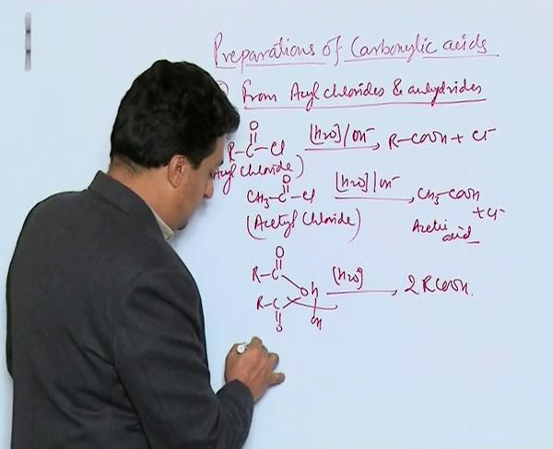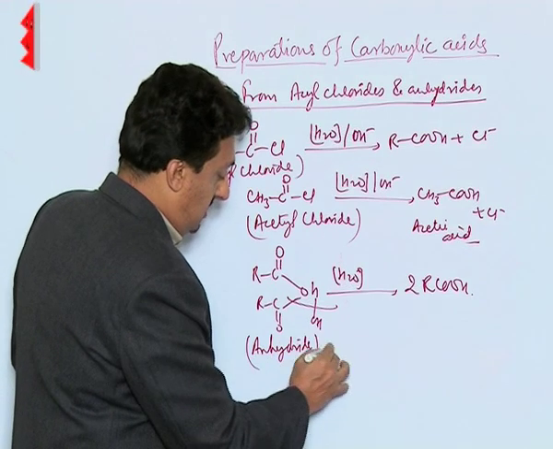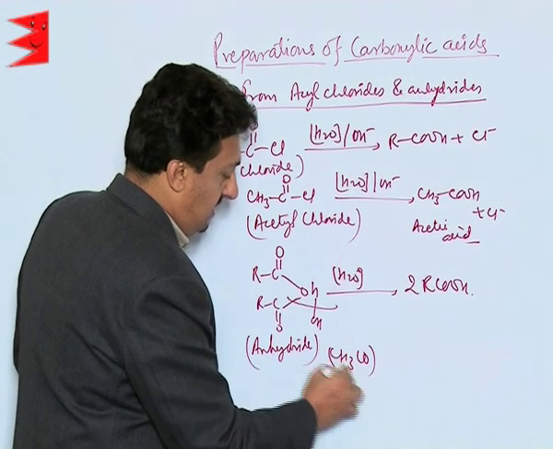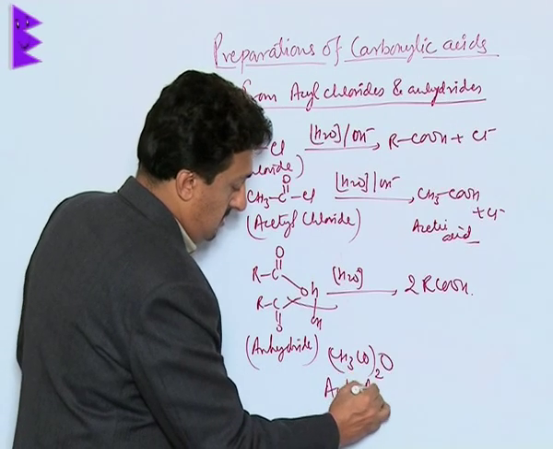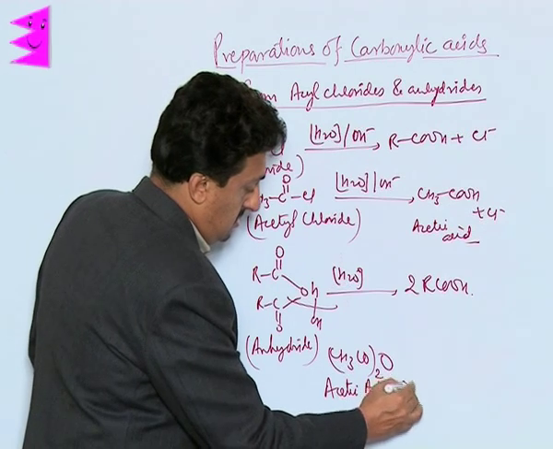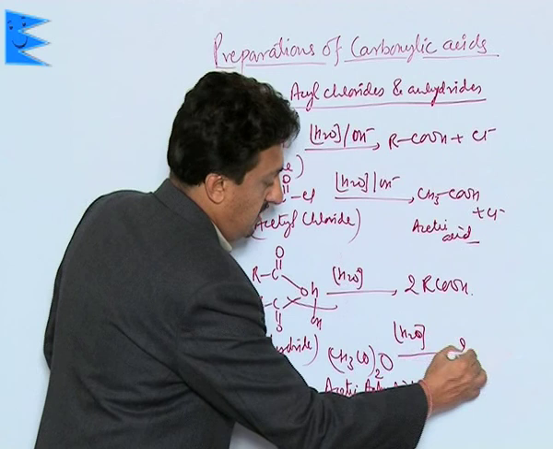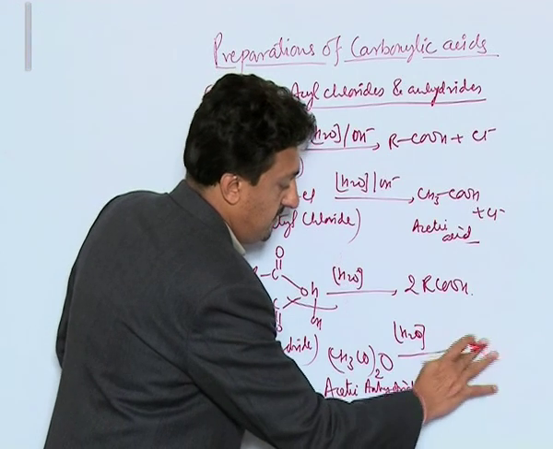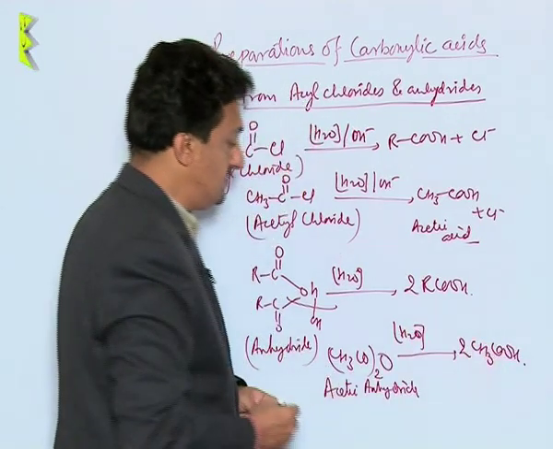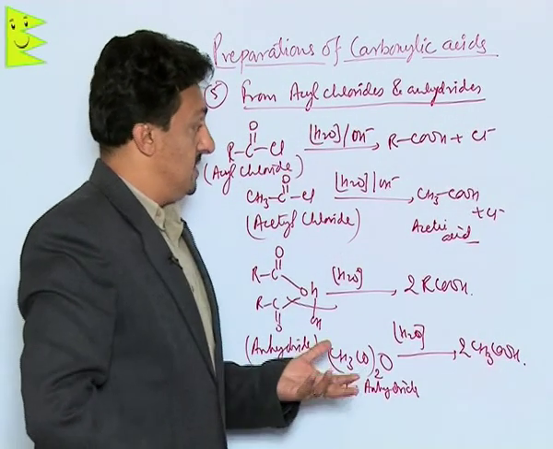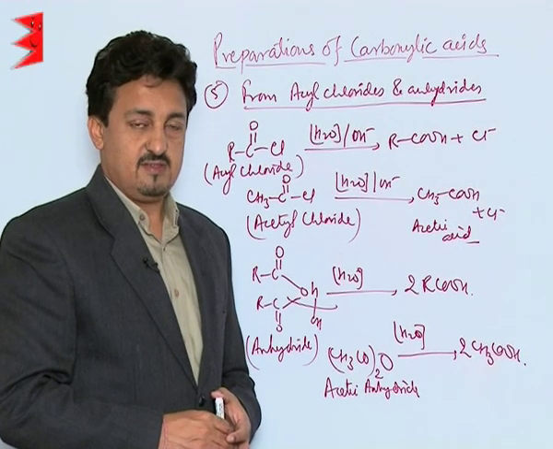So if we take acetic anhydride, this on hydrolysis is going to give us 2 molecules of acetic acid. So this is how we can do the hydrolysis of acyl chlorides and anhydrides.